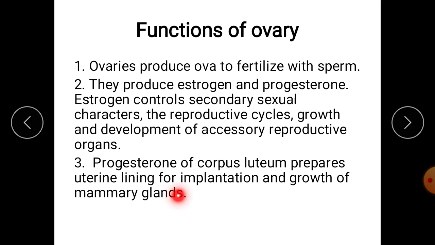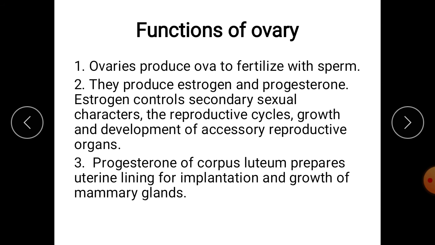Uterine lining called endometrium is essential for the implantation of embryo, blastocyst, right? Therefore, these two hormones are necessary for the maintenance of reproductive cycle as well as pregnancy in females.